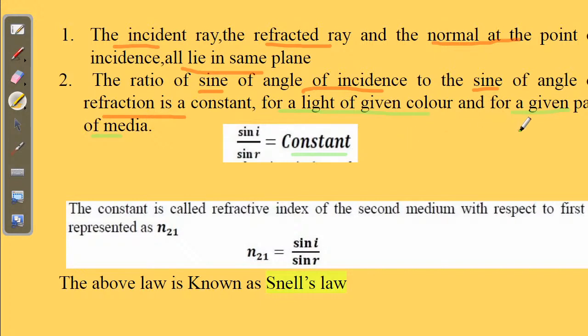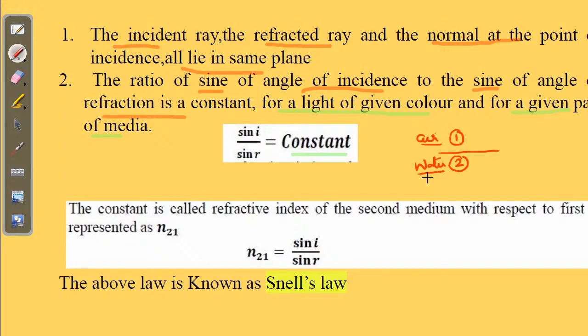Similarly, if you change the pair of media, for example, in order to undergo refraction we need two media, the first medium and the second medium. If I take the first medium as air and the second medium as water, the ratio of the sine of the angle of incidence in air to the sine of the angle of refraction in water will be a constant.